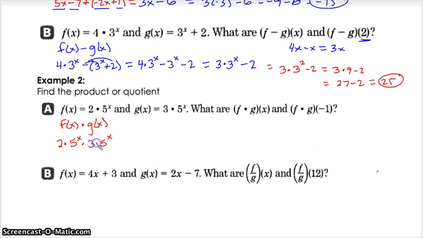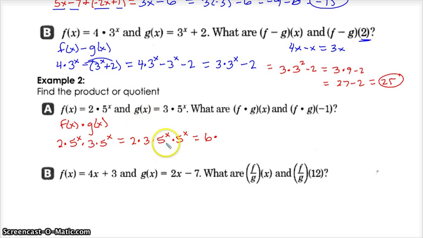All right, since I can multiply in any order, I'm going to rearrange things a little bit. That way I have my constants being multiplied and then my powers being multiplied. So I've got 2 times 3 times 5 to the x times 5 to the x. We all know that 2 times 3 is 6.